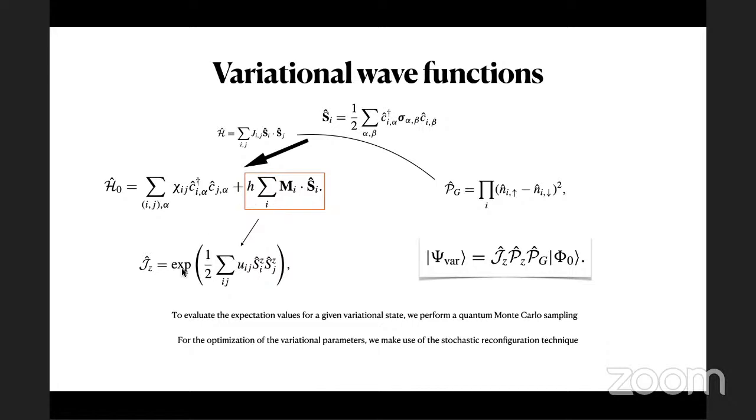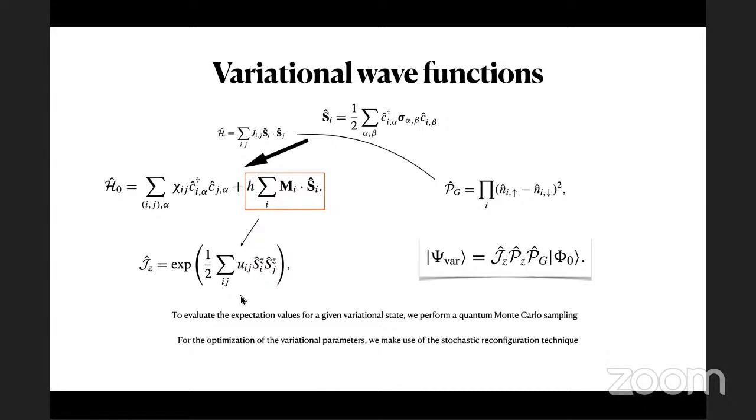So there are two things that one must do in order to get a bona fide variational state for the spin model. One is to do Gutzwiller projection onto the subspace of one fermion per site, which is the original Hilbert space of the Heisenberg model. And the second is that one must supplement it by a Jastrow factor, which introduces transverse fluctuations on top of your classical XY state.